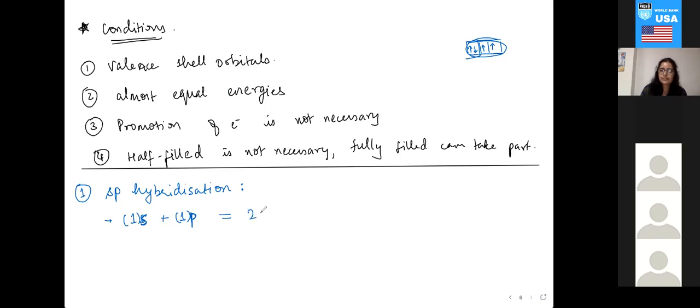So this will give me 2 sp hybrid orbitals. Visually, the s orbital is spherical and the p orbital is dumbbell shaped. You get 2 of the sp orbitals. So if you had to minimize the electron repulsion between two orbitals, how will you arrange them?